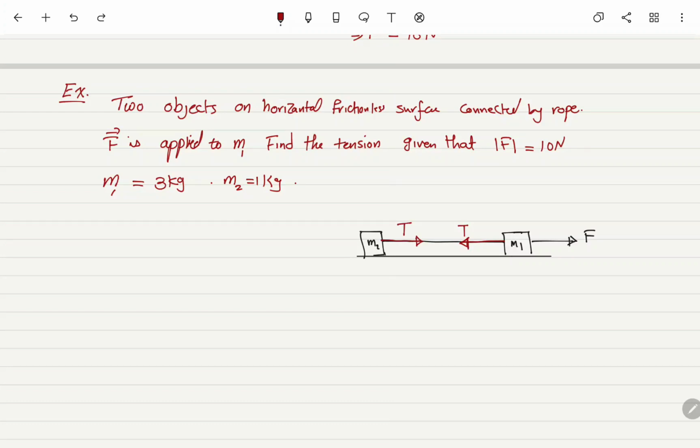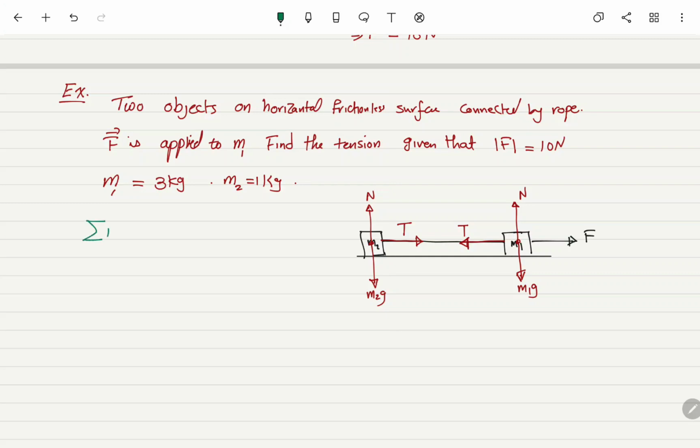And don't forget that we have here the weight and normal force for this one, and the weight and normal force for this one. Now to find the tension on the rope, let's do this.